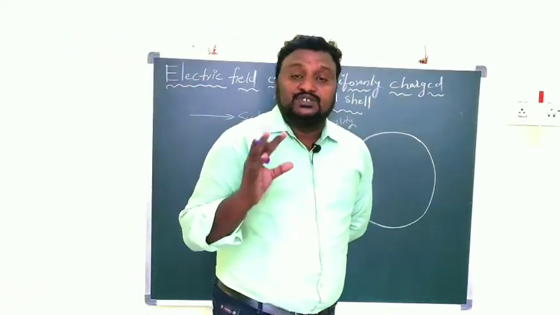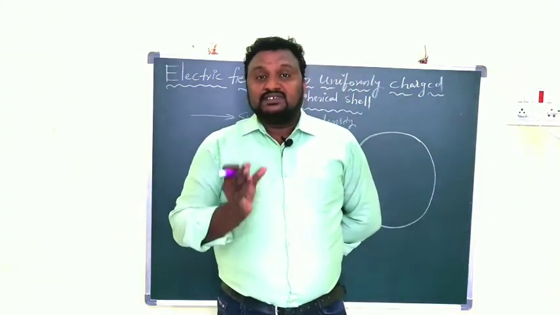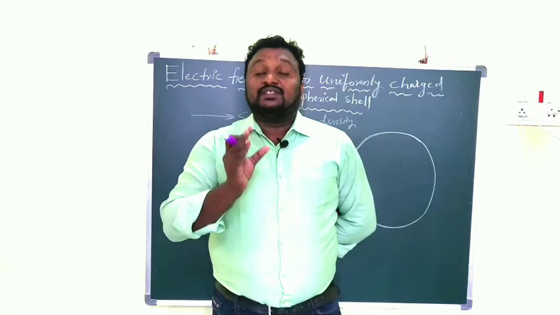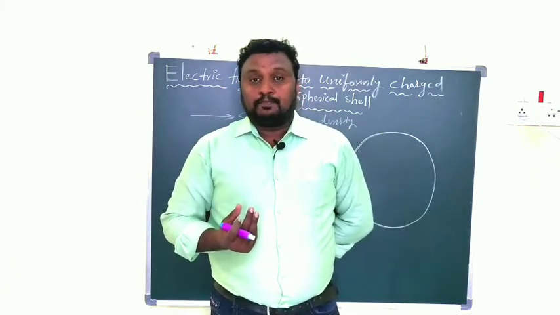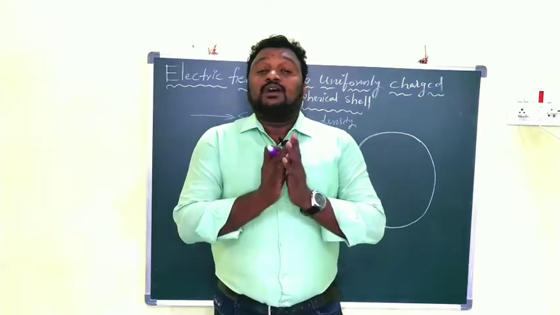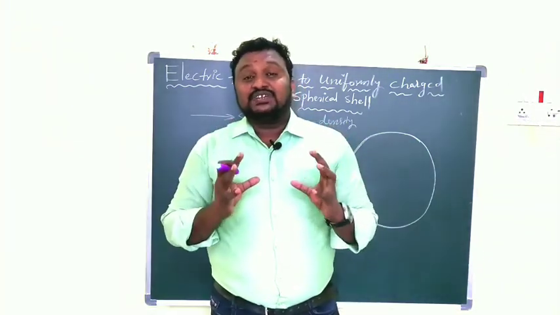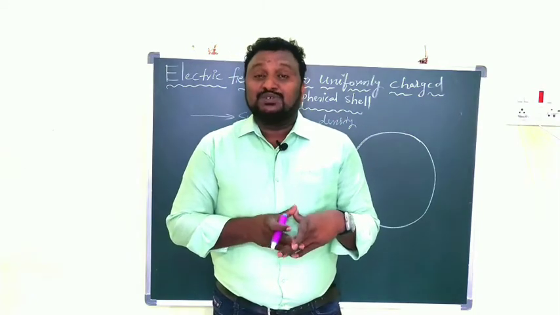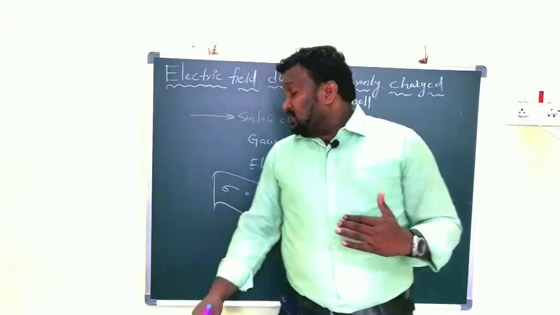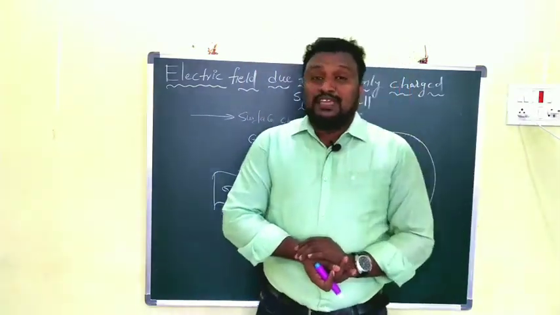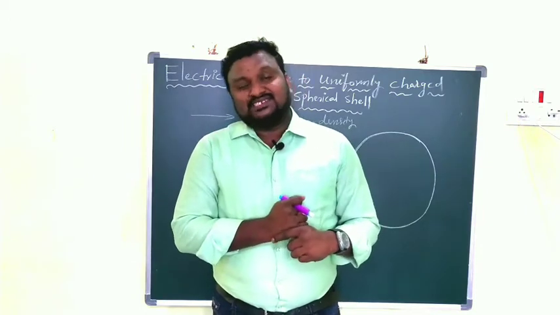The distribution of charge must be symmetric, that means the charge on any part of the particular surface should be the same. So surface charge density means the charge distributed on a particular surface, represented by sigma is equal to Q by A. It is also represented as sigma is equal to Q by S.